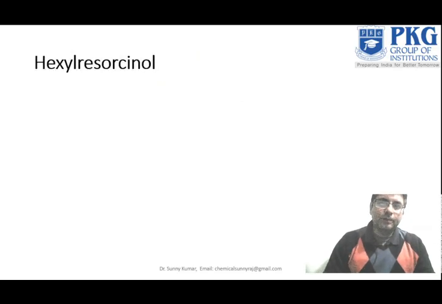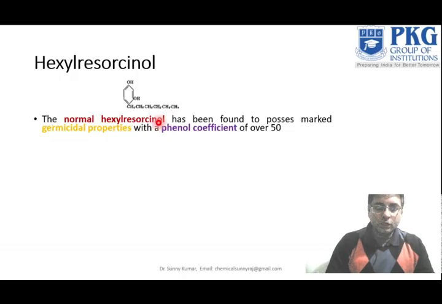So now we will produce hexyl resorcinol. This is the formula for it. The normal hexyl resorcinol has a benzene group, and attached to it are OH and OH at different positions, and it is a long chain molecule. It has been found to possess marked germicidal properties with a phenol coefficient of over 50.